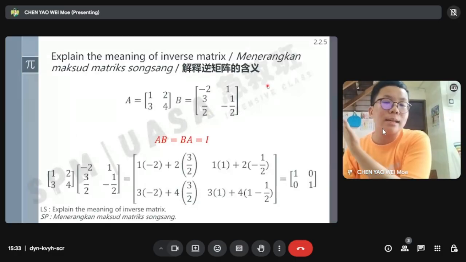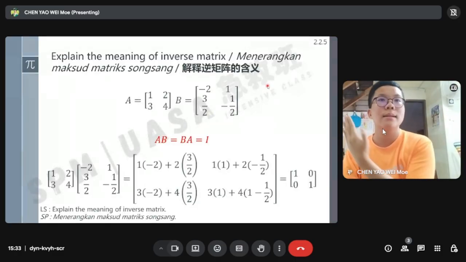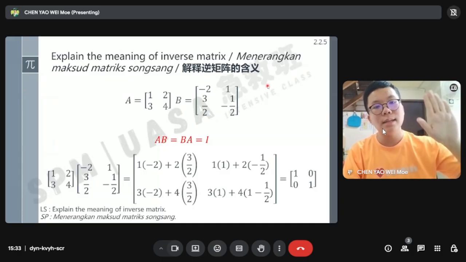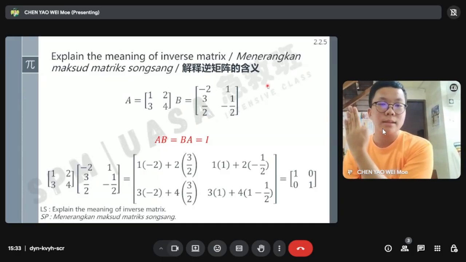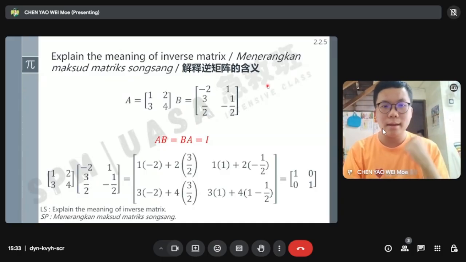I invert it, songsang, terbalikan. This is my original, and this is my inverse using a formula. If these two are the same, if I multiply them, I can make it become like this. So I can say that B is the inverse matrix of A.